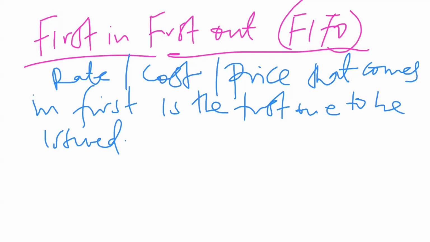Because your argument may be right, that if these goods come in first, they are going to get spoiled when they are in the store. The issue is not all about the spoilage of the stock being left in the store. So this one, it keeps the price to be current, because you are taking the rate that comes in first to be the one that we are issuing out.